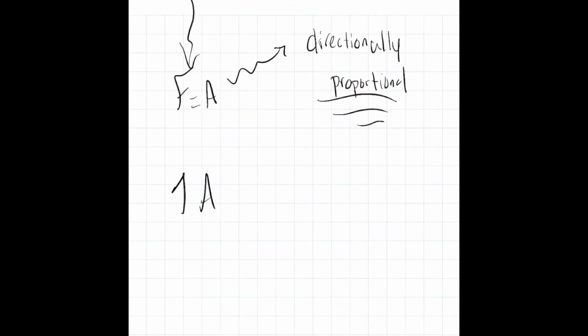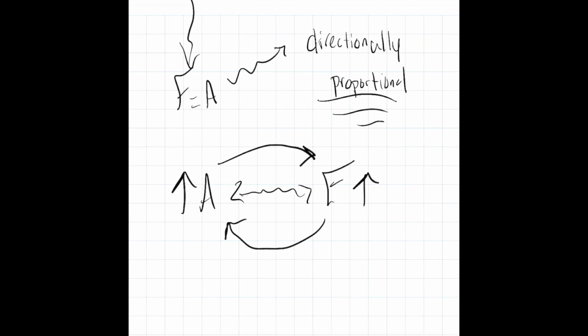This means that they are directly proportional. Directly proportional means that when one increases, the other increases. You could also view it as one acts onto another, it increases the other, such as when a force acts on another object, it increases its acceleration. And as the acceleration increases, you can assume that the force acting on it has also increased.